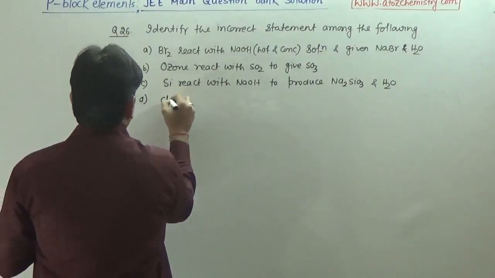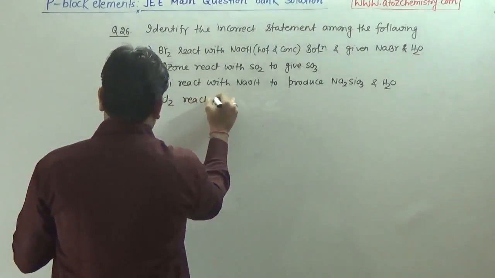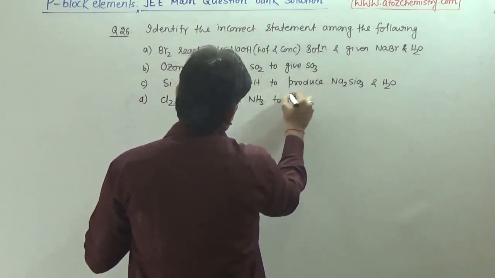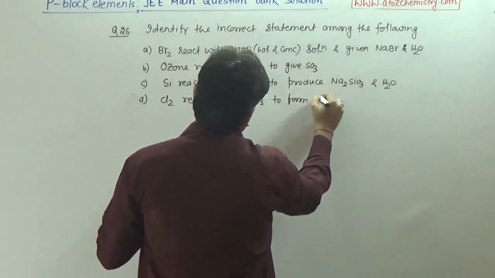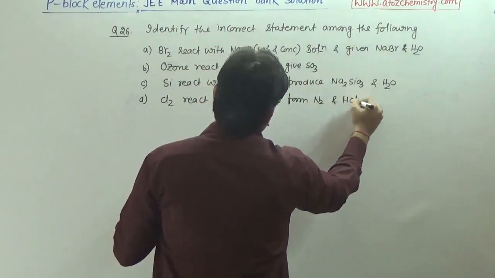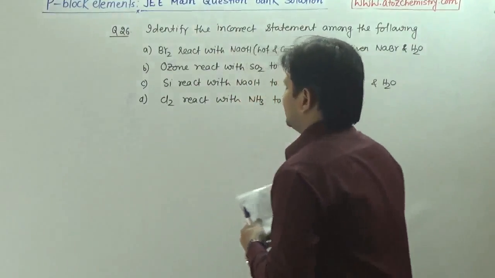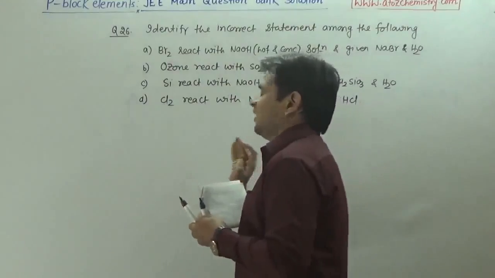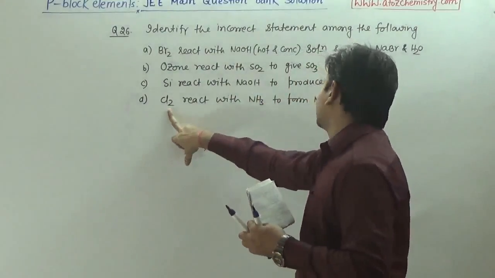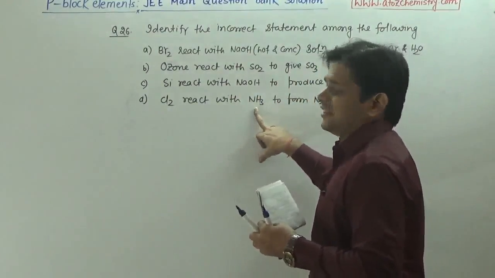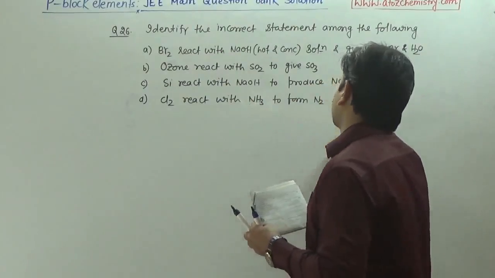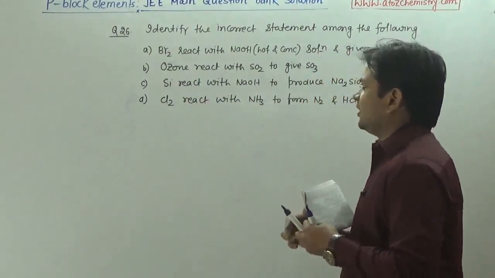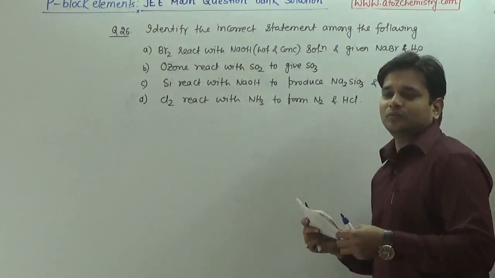And D option is Cl2 reacts with NH3 to form N2 and HCl. This is correct in one case. There are two ways in which Cl2 reacts with NH3: if Cl2 is in excess and if NH3 is in excess. If NH3 is in excess, the possible product is this one. If Cl2 is in excess, then the possible products will be NH4Cl plus N2.